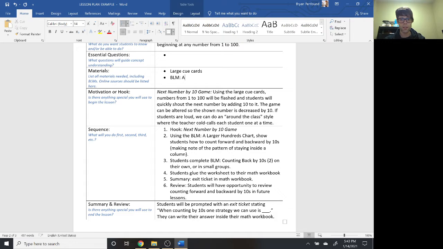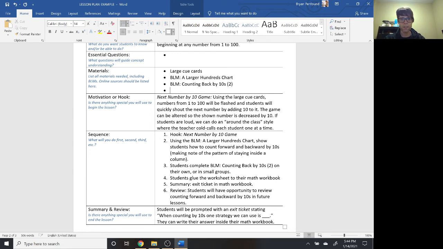So I'm going to use a larger hundreds chart. That was my first blackline master. I had a second blackline master that was called counting back by tens, number 2 actually, sorry, because they had 2 different ones in the set of blackline masters that I looked at.